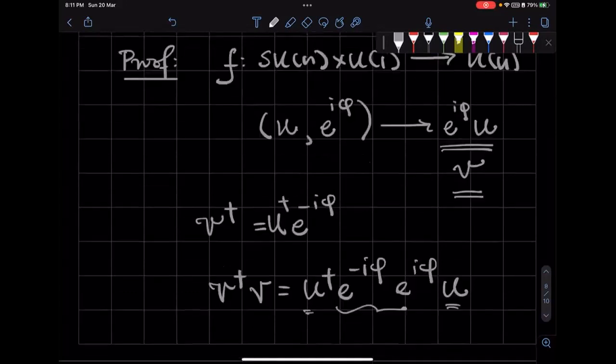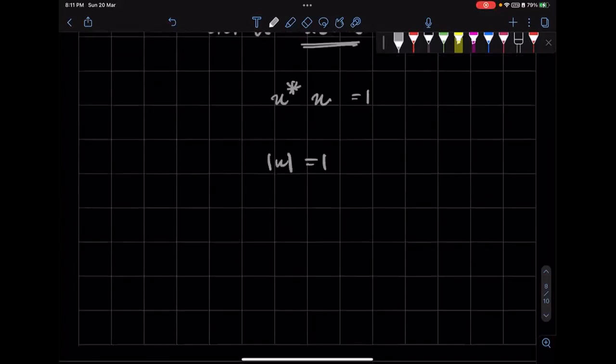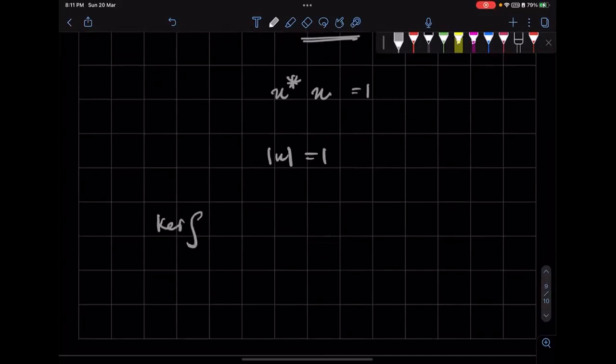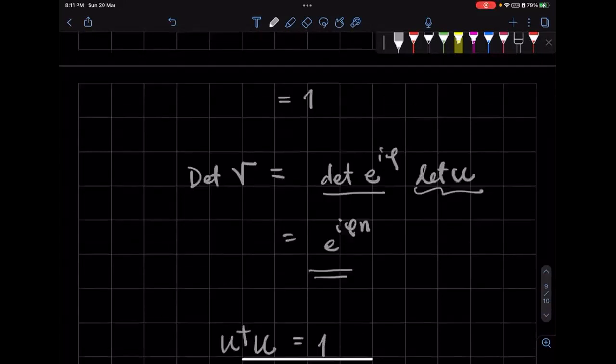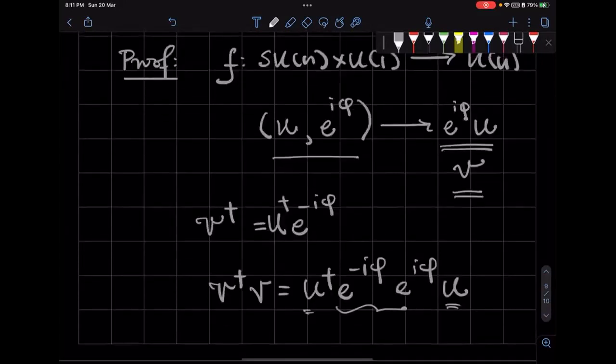Okay, so now let's look at the kernel of this map. For that, we look at all those elements that map from here to the identity here.